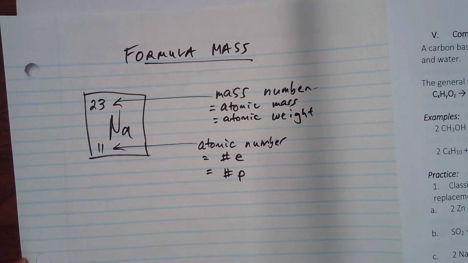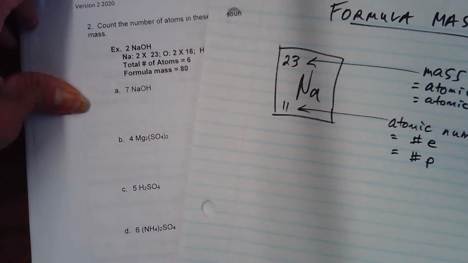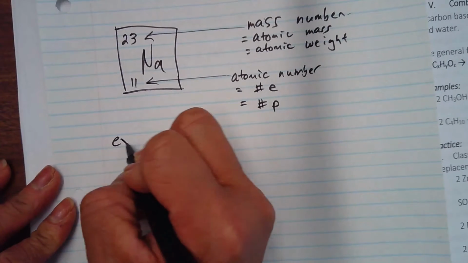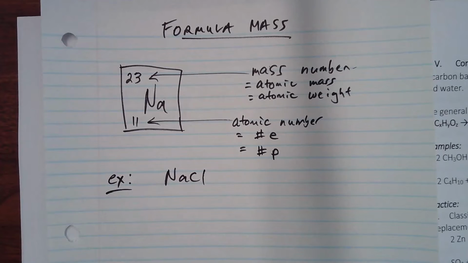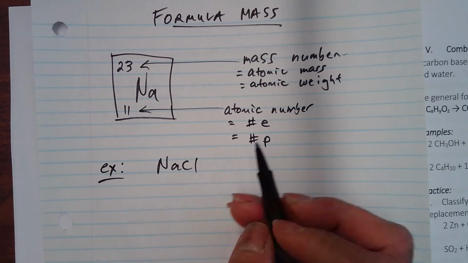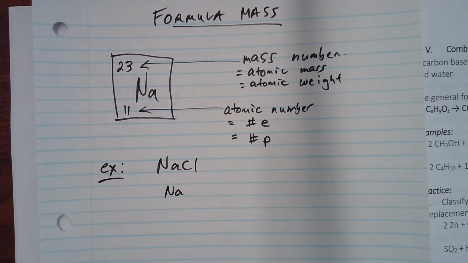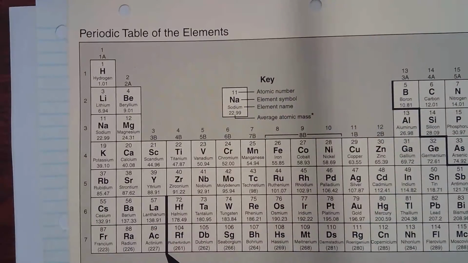Okay, so what is formula mass? Let's use an example here. Let's use sodium chloride, because it's a very common compound that we see. This is the most abundant, sodium chloride. If you take a look at sodium on the periodic table, what is the mass number of sodium? 22.99.